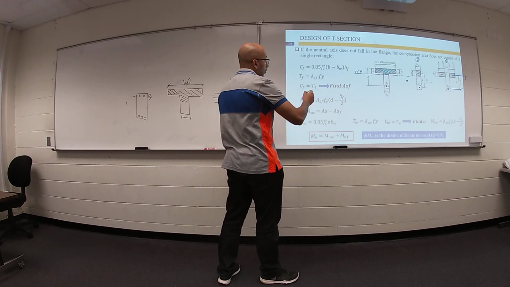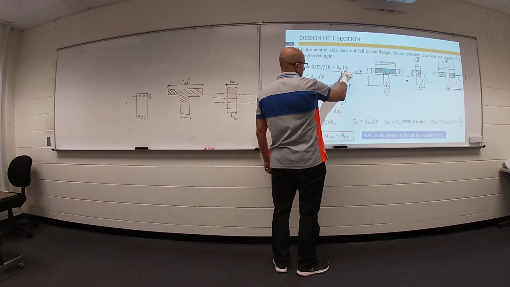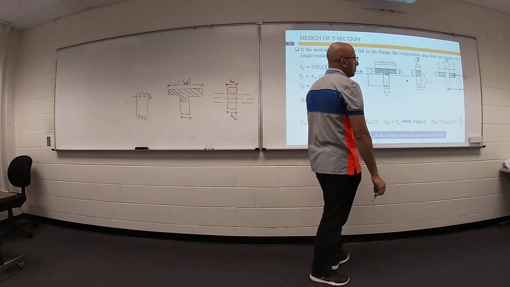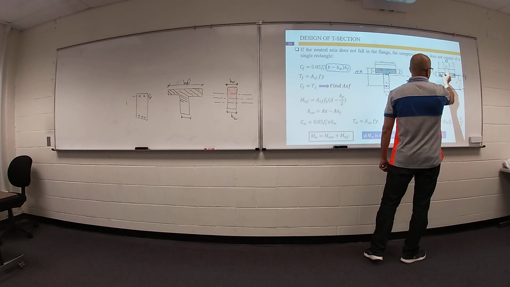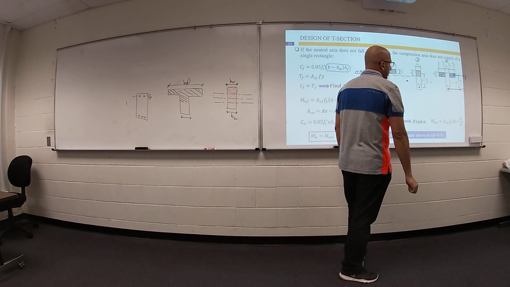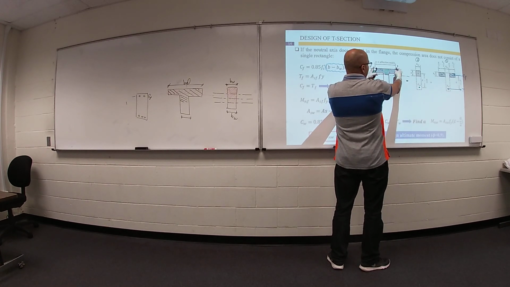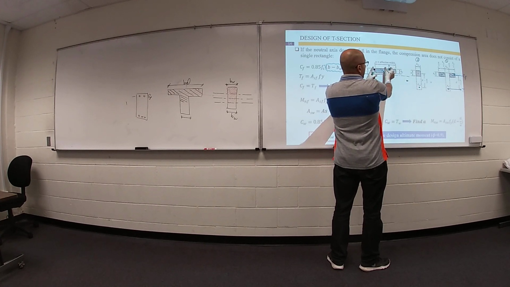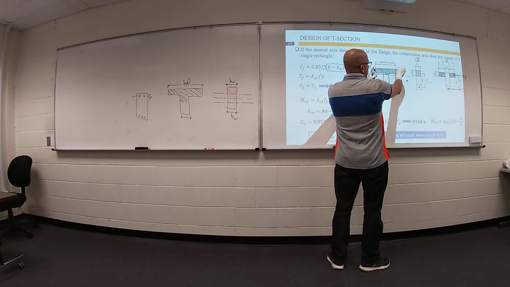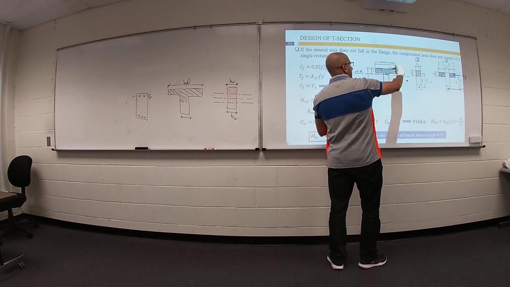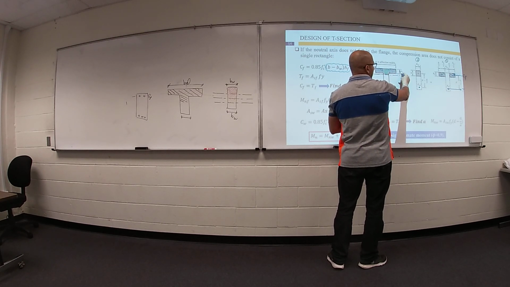What do you mean by this term? This term is this area. The total distance is b flange minus b web, this distance plus this distance, times this thickness h flange.